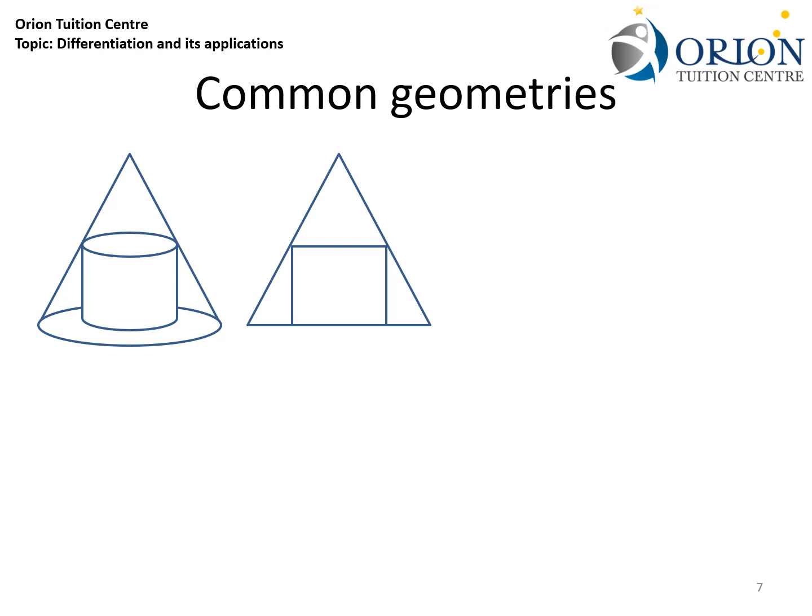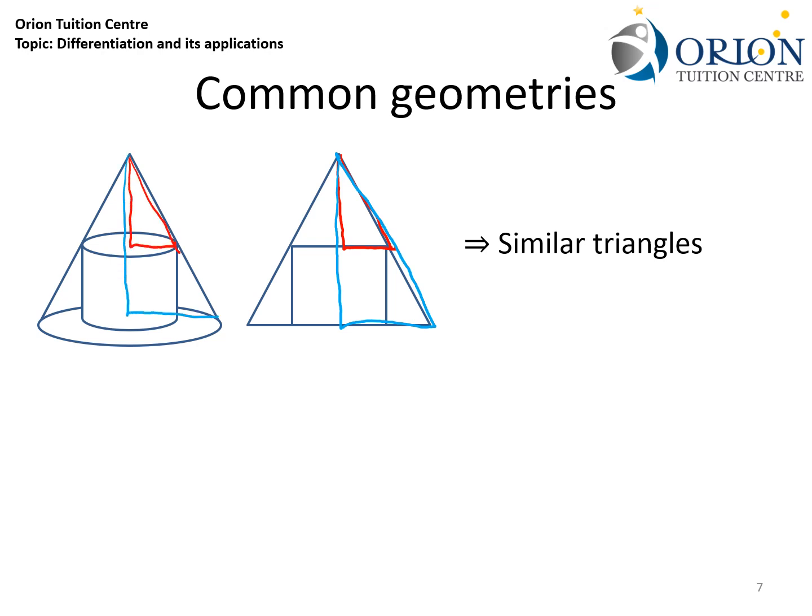In both of these cases, we need to make use of similar triangles to form the constraint equation. So if we have these cases over here, we will have to look at this triangle versus this triangle. Likewise, for the 3D case, it will be this triangle versus this triangle.